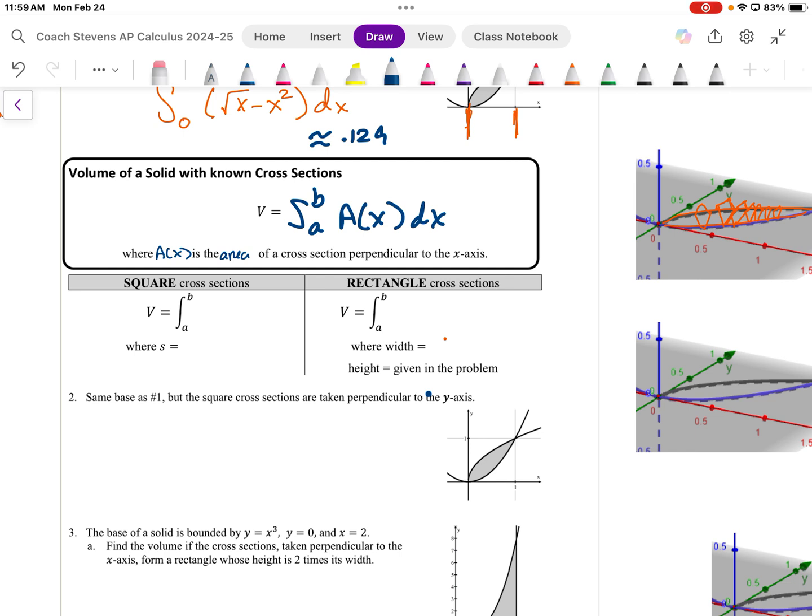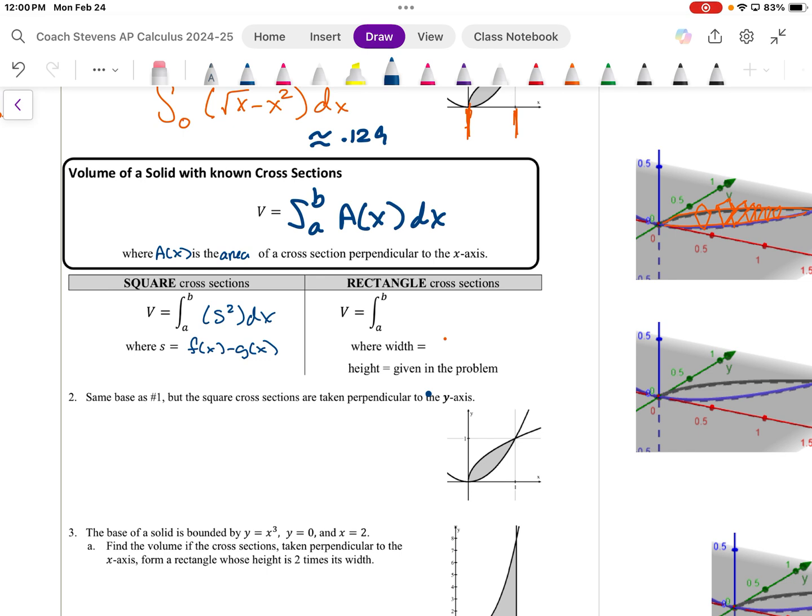When we look at it being a square cross section, our formula is going to be basically our side squared dx, where s, our side, is f of x minus g of x. Top equation minus bottom equation. If we were doing it in terms perpendicular to y, then we would say right minus left. Still the same terminology.